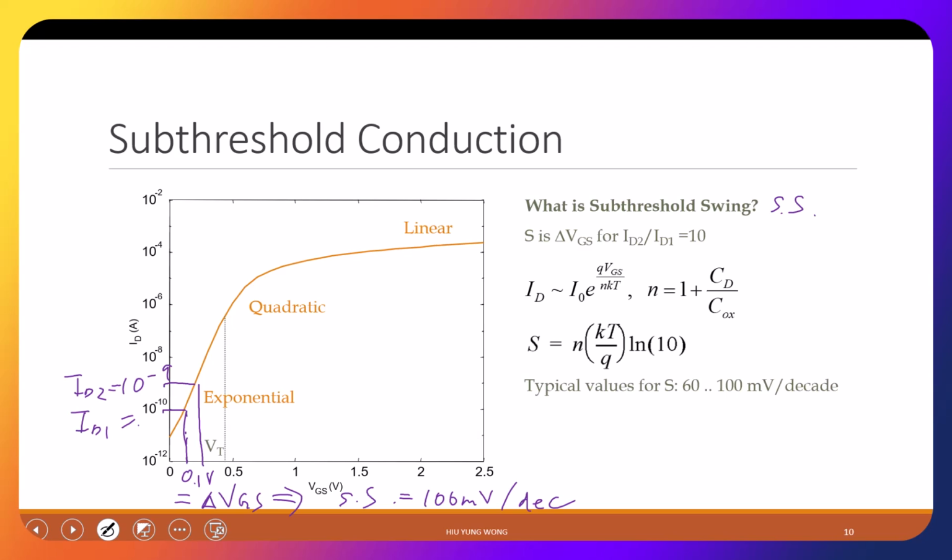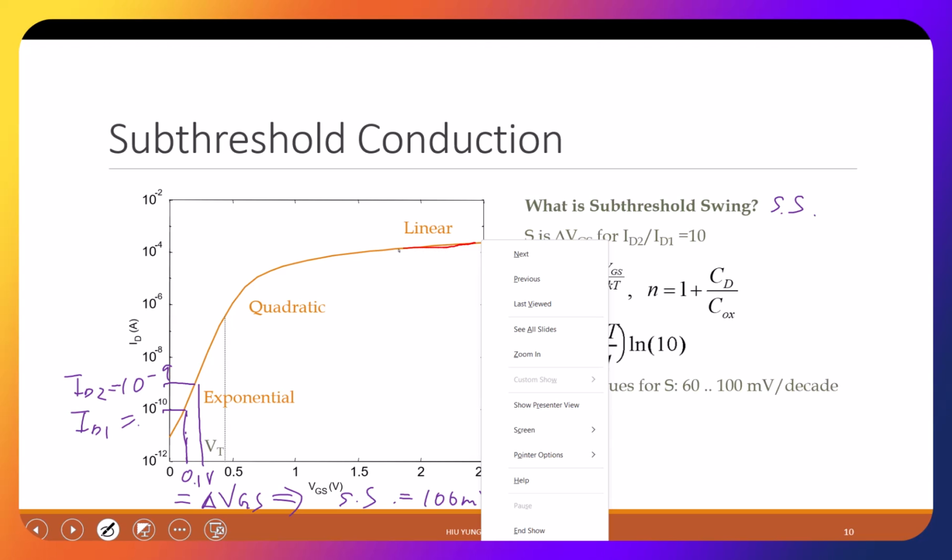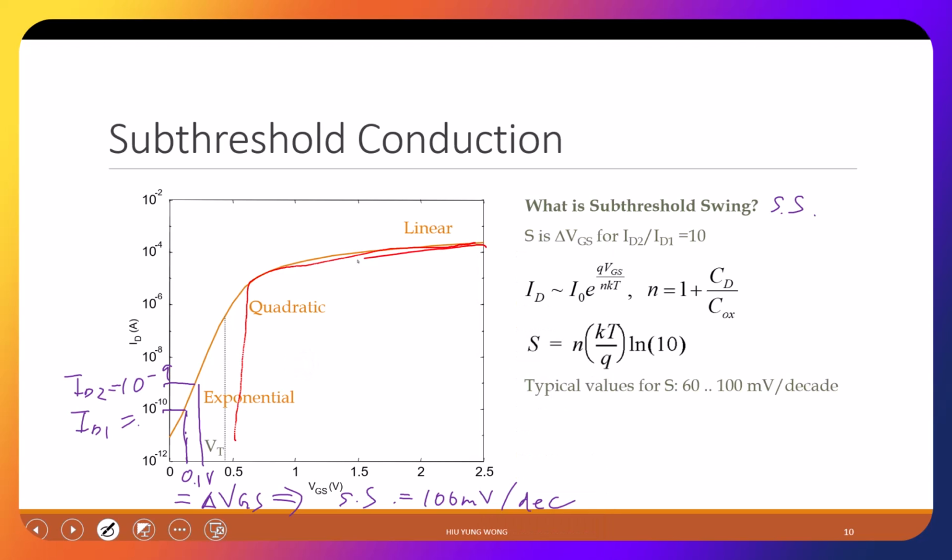What do you think, right? If I have another transistor, I invented another transistor, it is like this. Let's say everything is the same.